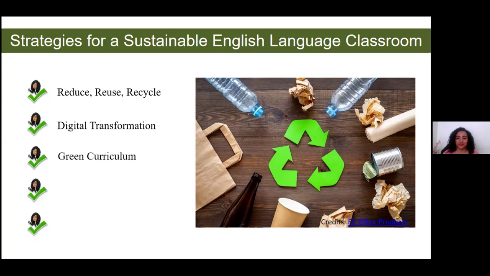Green curriculum means that in your curriculum you have volunteering, supporting maybe the state where you live or your township, for creating more environmental or eco-friendly programs, or in the school.